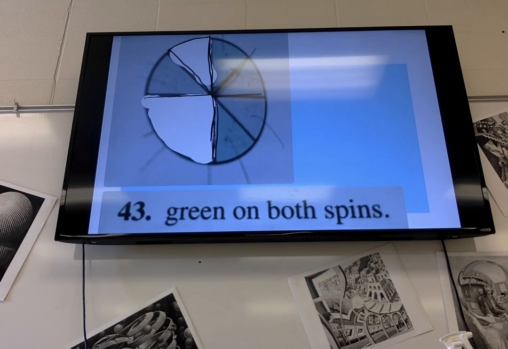So I'm going to make them all the same size just by drawing an extra line there. Now they're all the same size. And if you make them all the same size, then you can just put little ones on each one of them. And we're supposed to find the probability that it's green on both spins. So that's green and green.